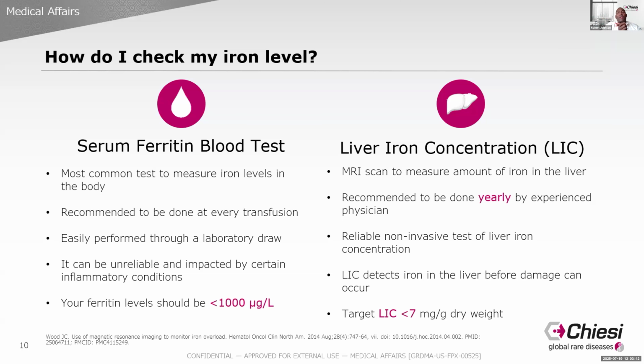Ideally, you want an LIC under 7. Anything above 7 implies you're getting too much iron deposited in the organ and have the potential, over a long period of time, for some organ damage. So again, you want your LIC to be below 7.